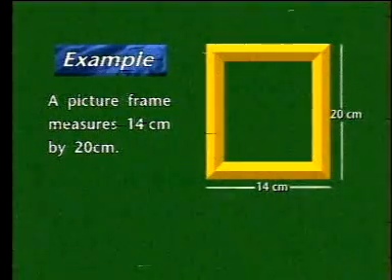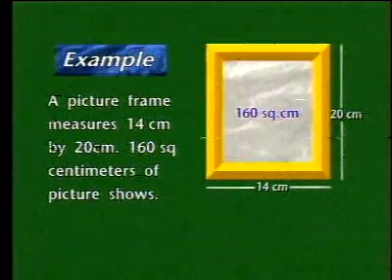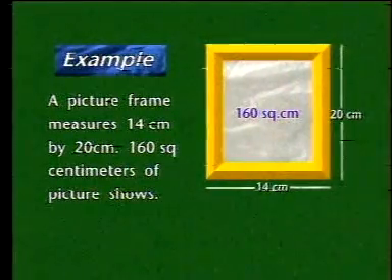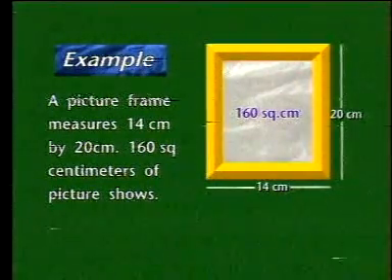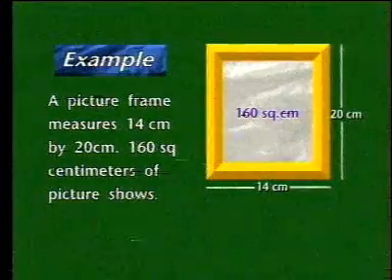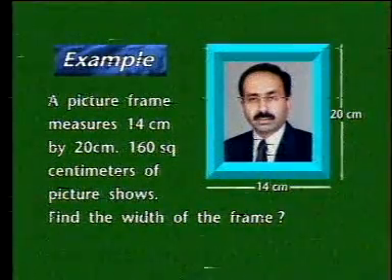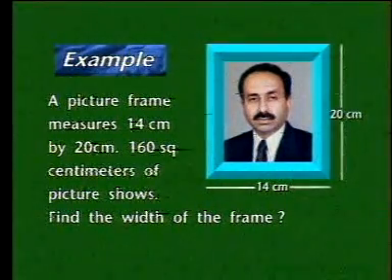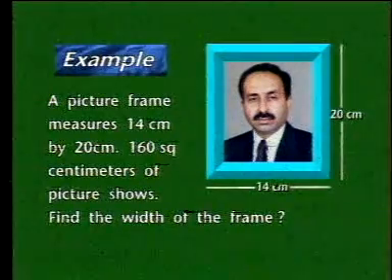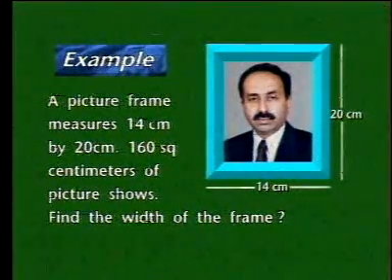A picture frame measures 14 cm by 20 cm. The area of the picture is given as 160 square centimeters. Find the width of the frame. What we will do now, we will insert a picture in the frame and then we will find the area of the picture and then we will find the width of the frame.